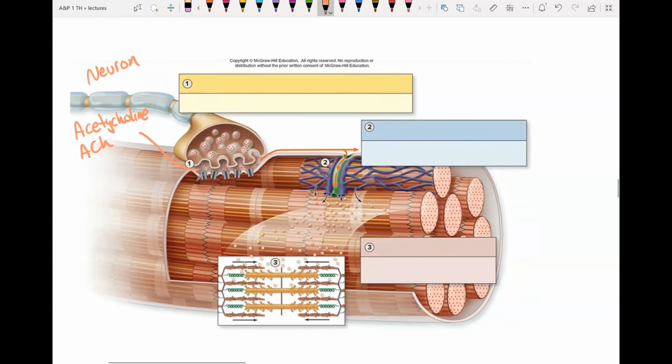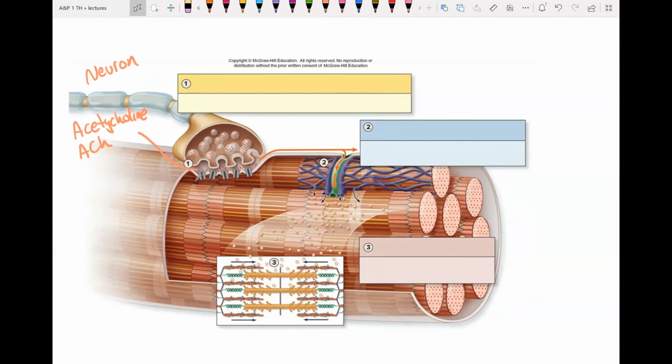And when you get that acetylcholine secreted on the muscle, you're going to have an electric signal, which is called an action potential. Remember that electric signal moves along the sarcolemma, which is the membrane of a muscle cell. Here you can see it goes down the T-tubule.